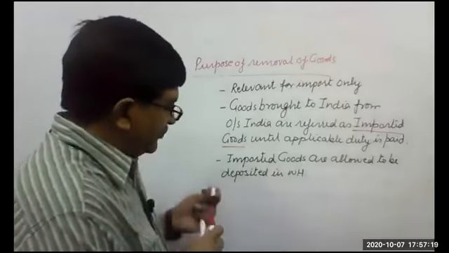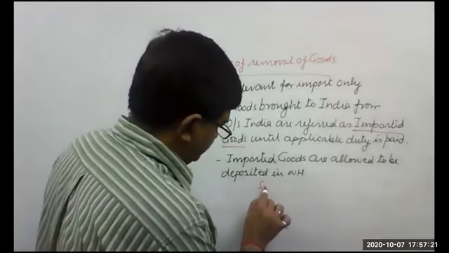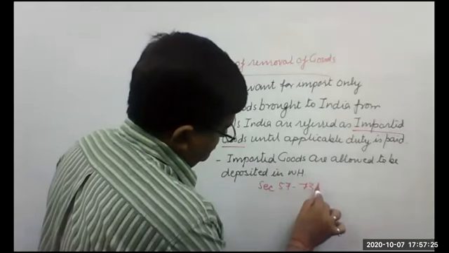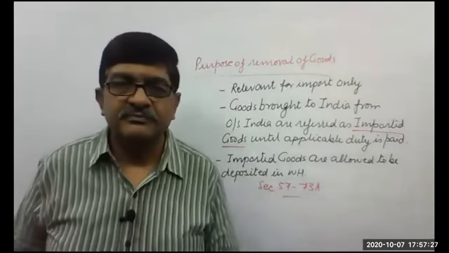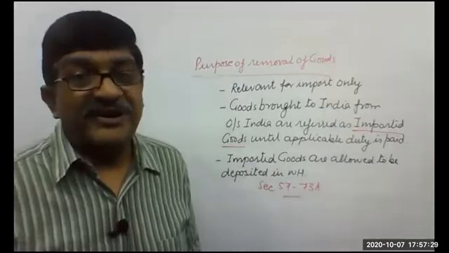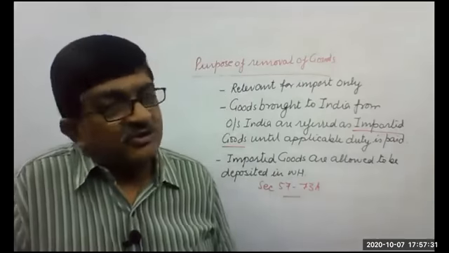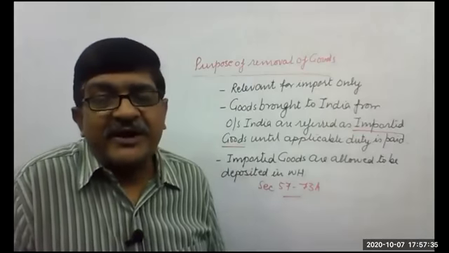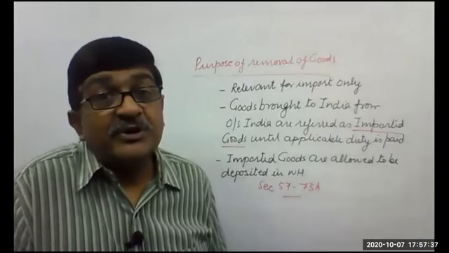Warehousing provisions (57 to 73A). So this is only an introduction that goods can be removed from custom area for warehousing also.